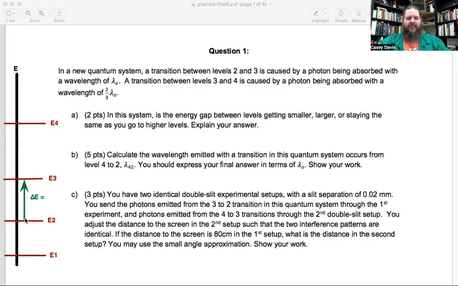Or what mechanism do we use to transfer energy to or from a quantum system? Yeah, if you want it to gain energy, you shoot a photon at it. In order for it to lose energy, you would have to emit a photon. In this case, to gain energy, it's got to absorb a photon that's shot at it.